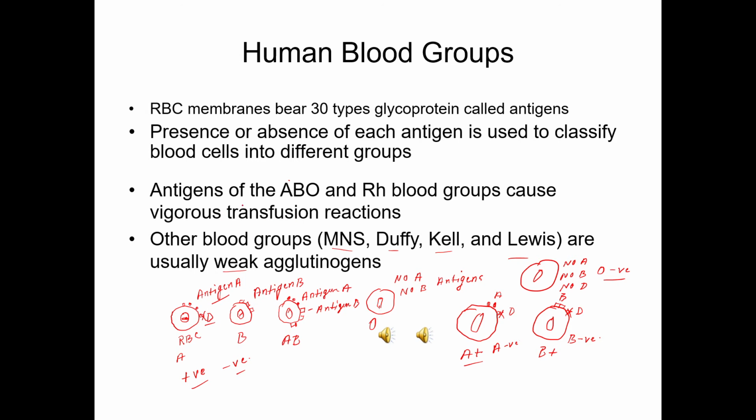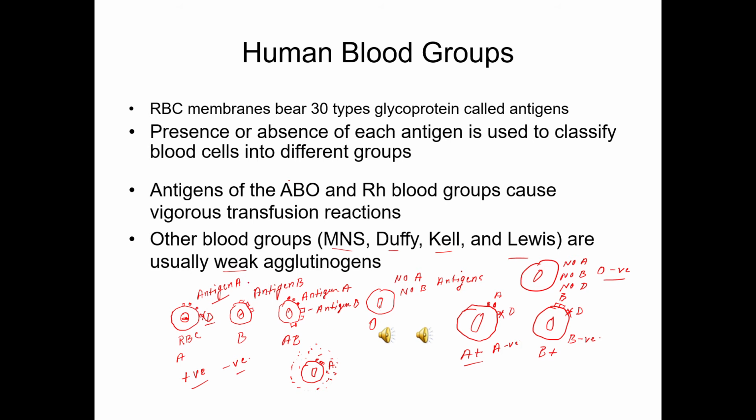Now another thing which is very important to remember: on the surface of the red blood cell, any antigen may be present, for example this one has antigen A on the surface. Outside of the blood cell you have the plasma, the liquid part of the blood. So you have blood cells and plasma, so this is plasma.